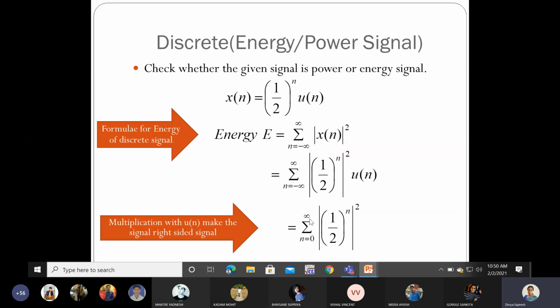It is like 1 into 3. You are multiplying the magnitude 3 of your signal with 1. 1 into 3 will become 3. So only the right hand side signal will remain. If it has a left hand side, it will get neglected. Only the right hand side will be reflected if you multiply it with u of n. So that is why the summation limits now have changed to n equal to 0 to infinity.